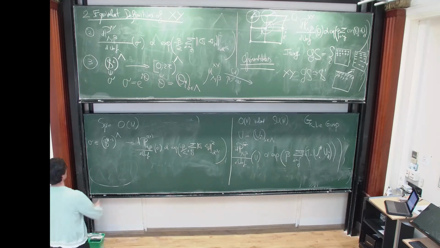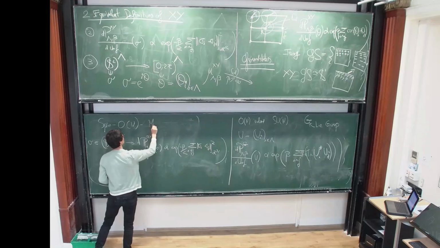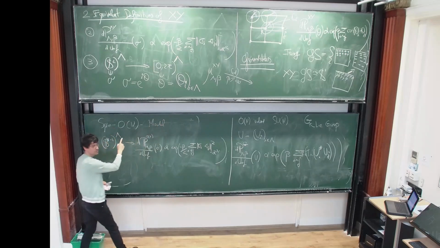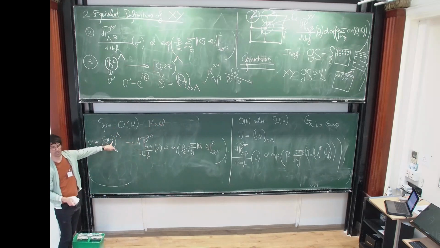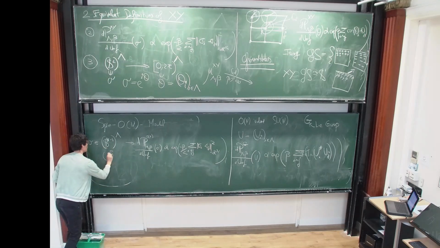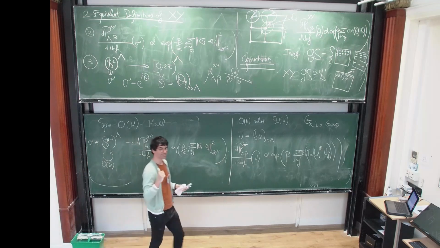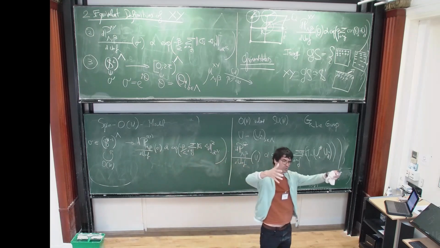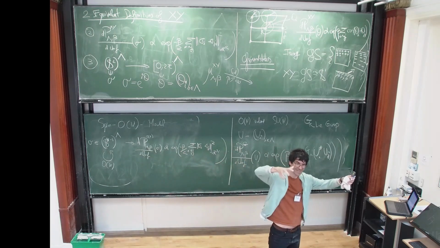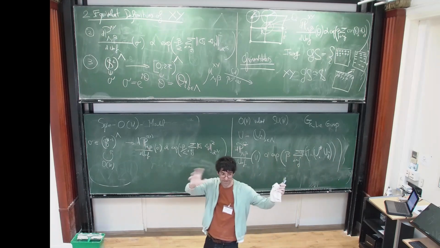So the spin O(N) model is not O(N) valued, it is S^(n-1) valued, and the name comes from the fact that the O(N) group is acting on this. If you fix any group element in O(N), you can act on the state space by rotating simultaneously all the elements by this rotation.